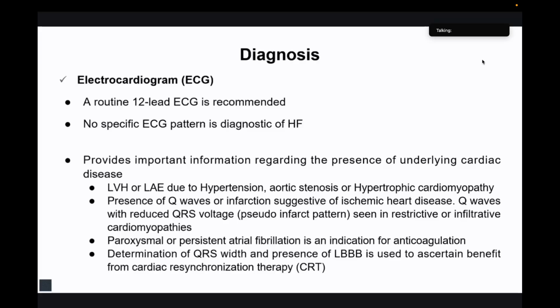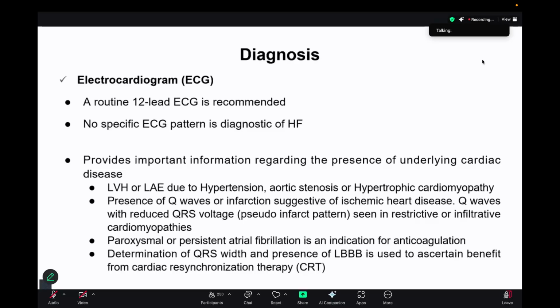So we may see left ventricular hypertrophy or left atrial enlargement, and that can be due to conditions such as hypertension, aortic stenosis, or hypertrophic cardiomyopathy. If there is a presence of Q waves or infarction, it suggests there is an underlying ischemic heart disease. Q waves with reduced QRS voltage or the pseudo-infarct pattern can be seen in restrictive or infiltrative cardiomyopathies.